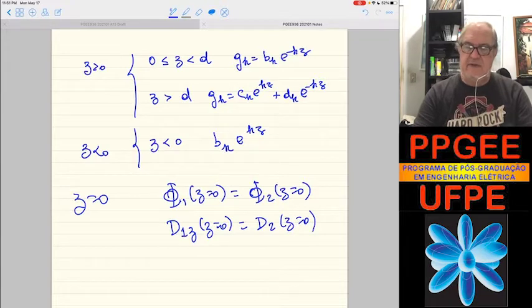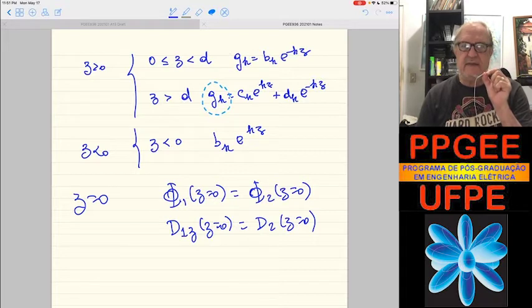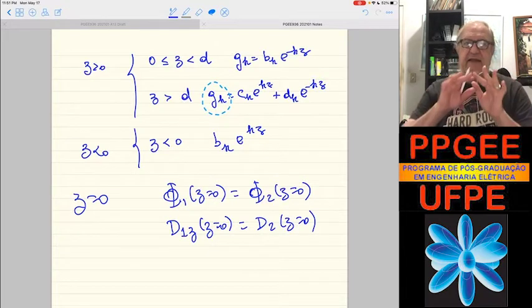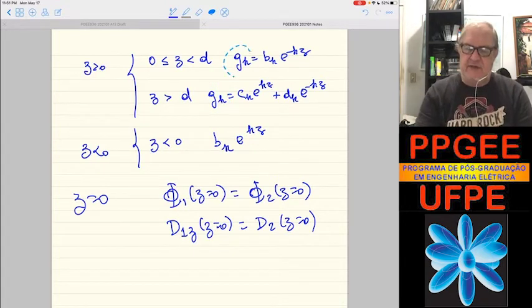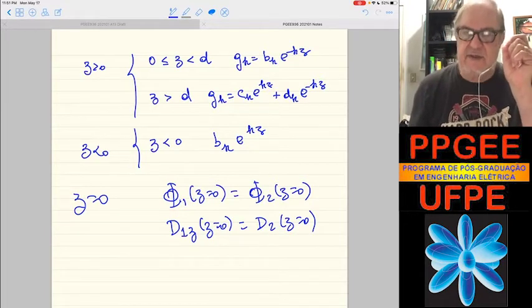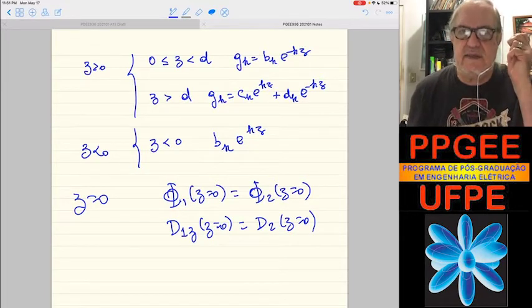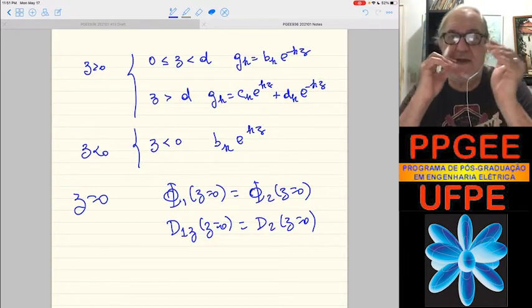This gk function here in the upper hemisphere is a type of Green's function, right? But notice that in the solution in region 2, which is a combination of gk functions like this, each gk function has to be continuous at z equals d, because we have unique expansions.